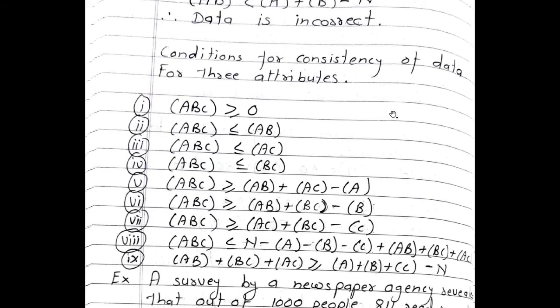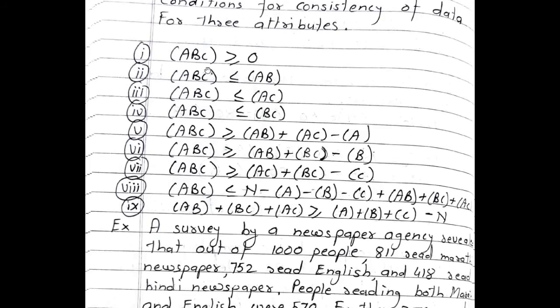Now we will go for the conditions for consistency of data for 3 attributes. First condition is that the frequency of class ABC must be greater than or equal to 0. Frequency of ABC must be less than or equal to AB. Frequency of ABC must be less than or equal to the frequency of AC.